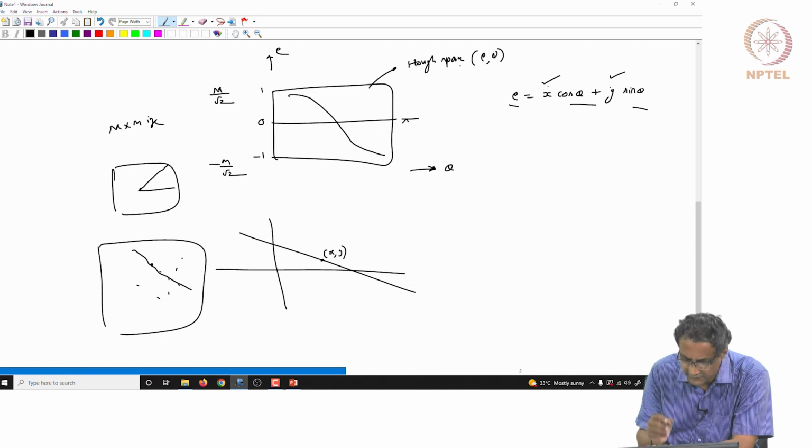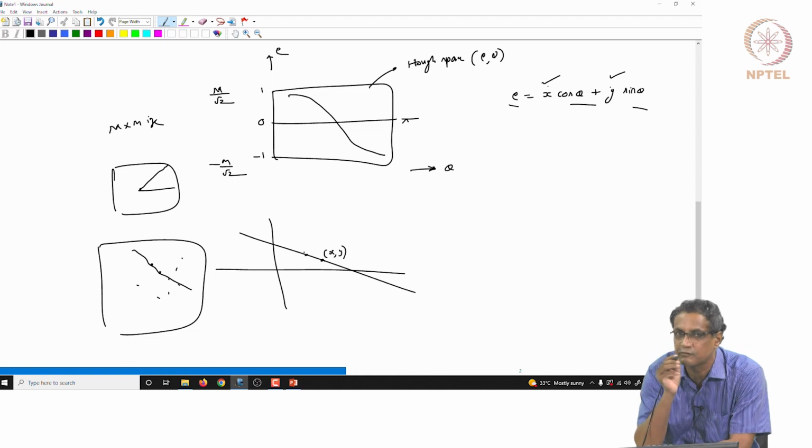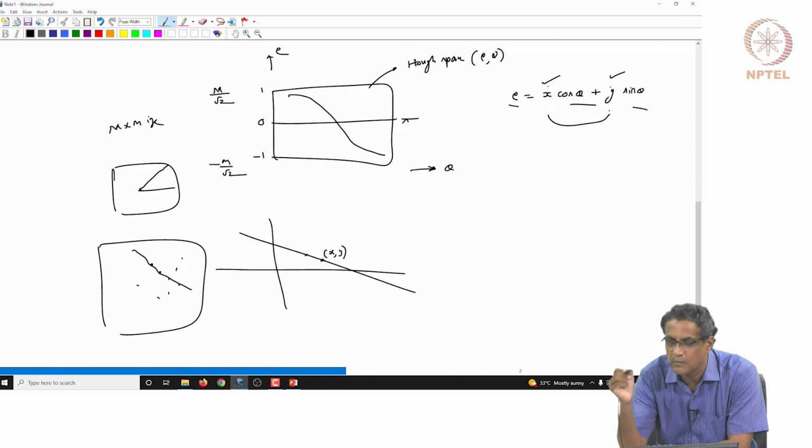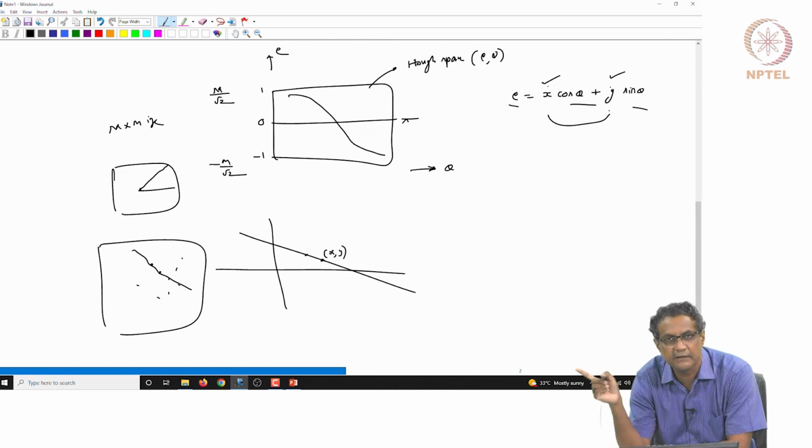Now suppose I took one more point, another point on this edge, which is another x comma y. Now I plot this. What will happen? That will also be a sinusoidal curve, because I'm going to fix another x comma y and vary my theta from 0 to pi, and plot my rho.